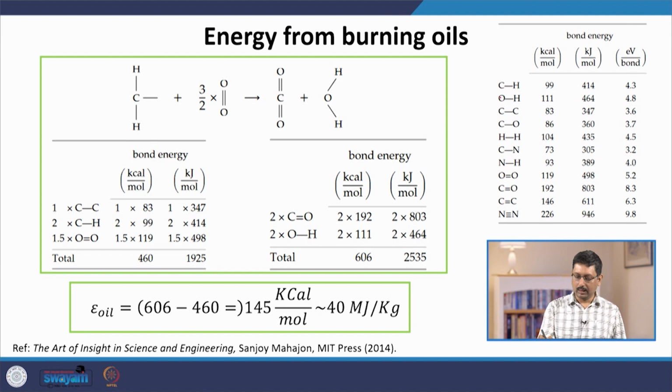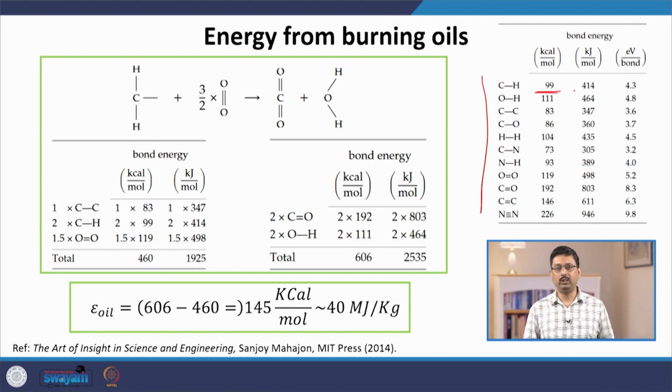So, here is a table which puts some values which chemists have determined. We have to remember that these values are not unique, they depend on the particular reaction. For example, this carbon hydrogen bond energy depends on which part of the molecule and which condition the reaction is going on.